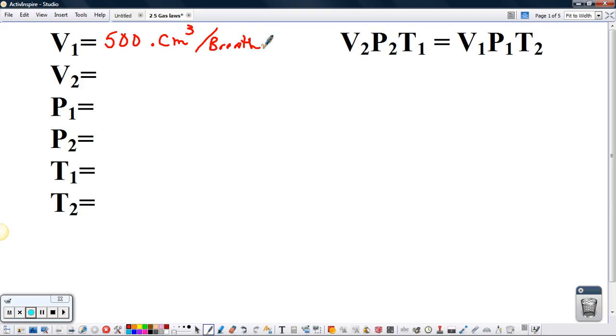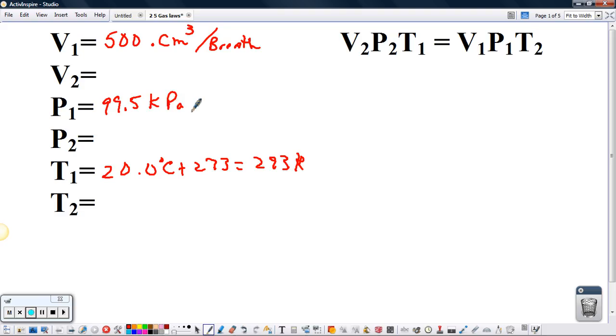And I've got 20.0 degrees C plus 273, 293 K, and 99.5 kPa.